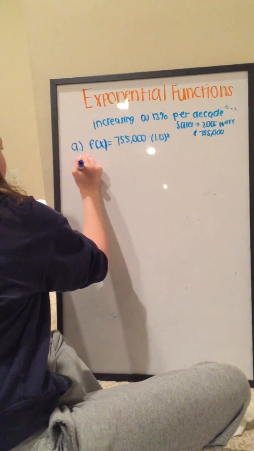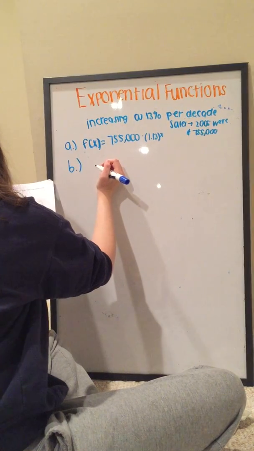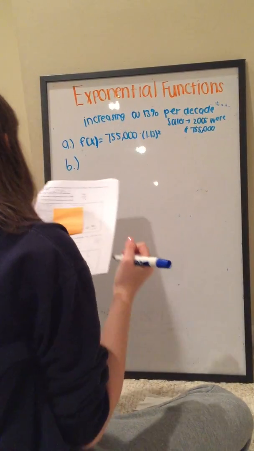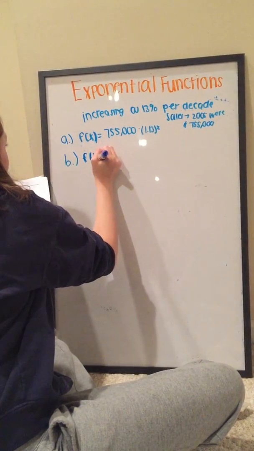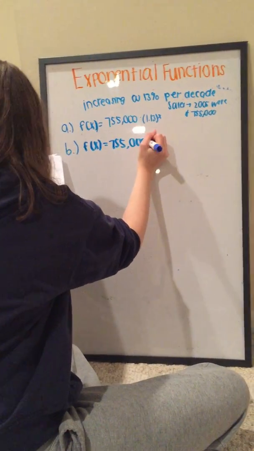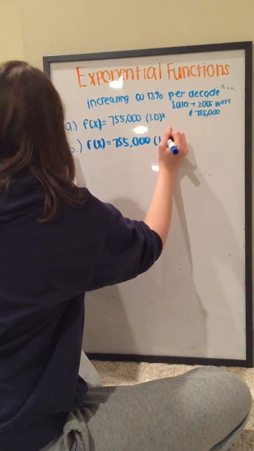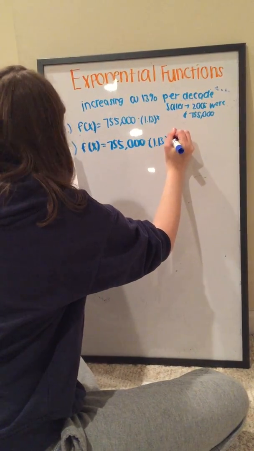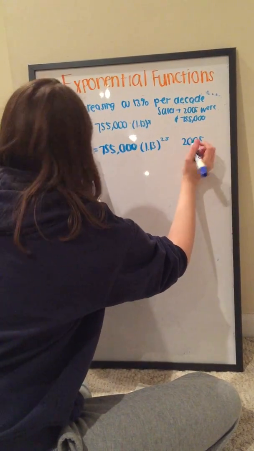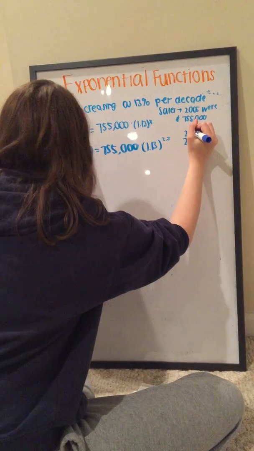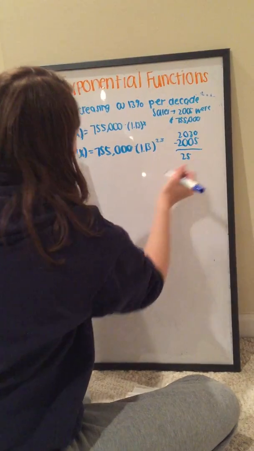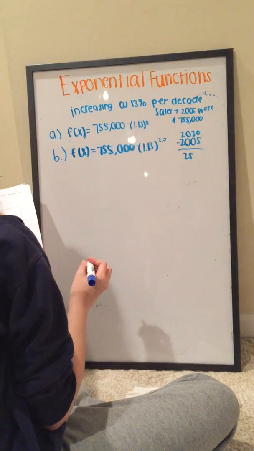And then the second part of the problem is we need to predict the sales in 2030. So that would be f of x equals 755,000 times 1.13 to the 2.5, because 2030 minus 2005, we get 25, but we need it per decade, so we make it 2.5.